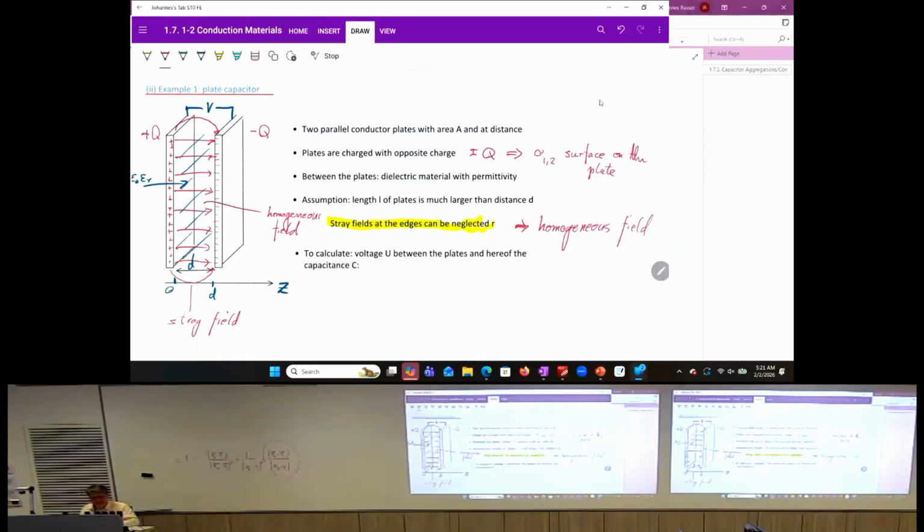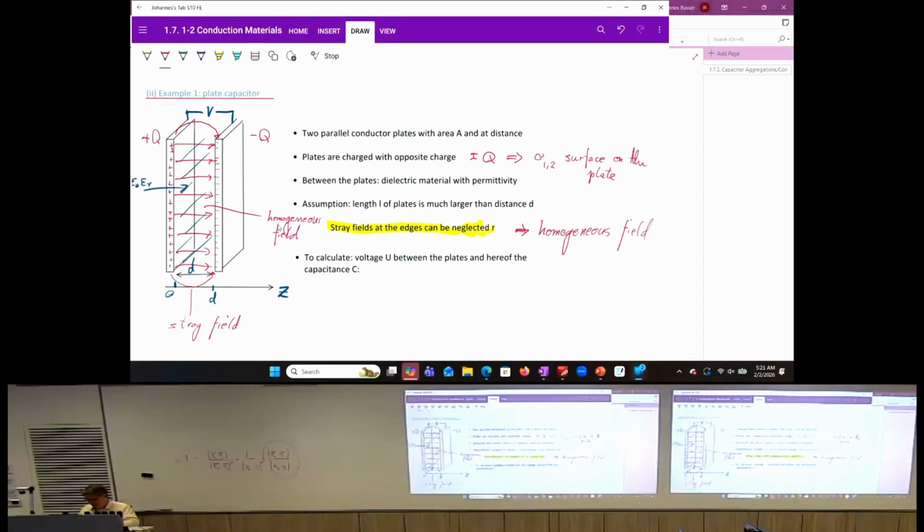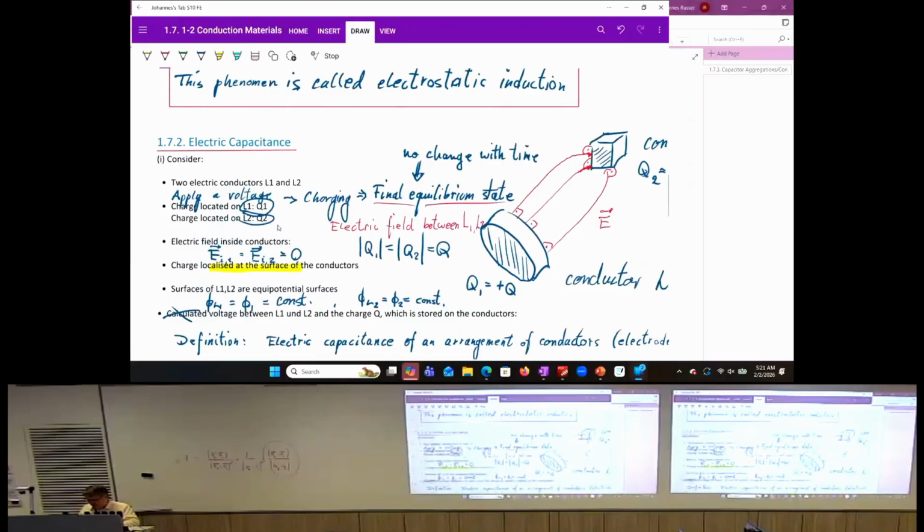This is a specific property of these parallel plate capacitors, where you also assume that the area, the size of the plate, is quite large, and the separation is not very large. This is a very different scenario from this example here, which is a very random and general example.